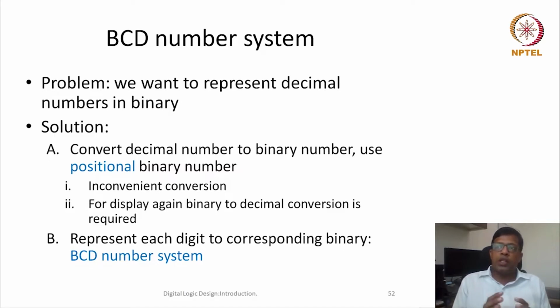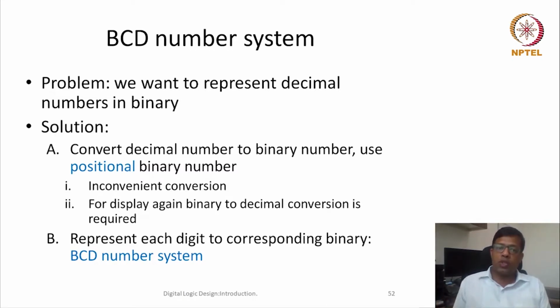The method we have learned so far is to convert this decimal number into a positional binary number by dividing it by 2, finding the remainder, again dividing by 2, again finding the remainder.